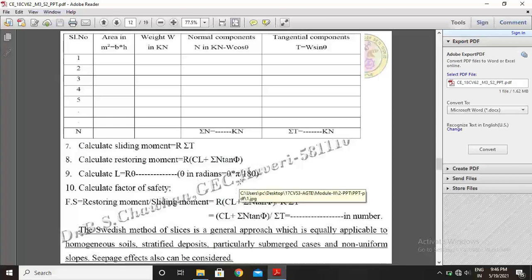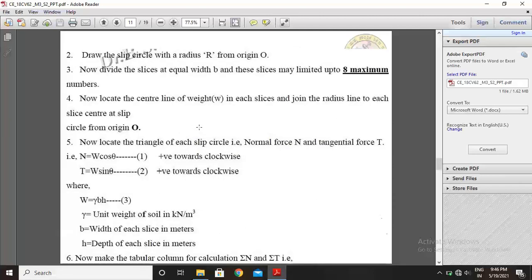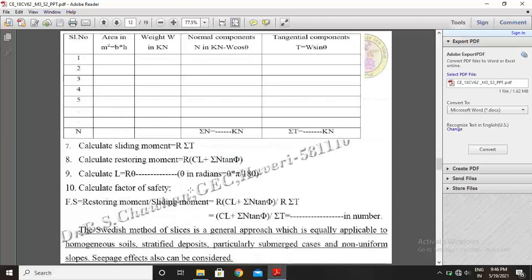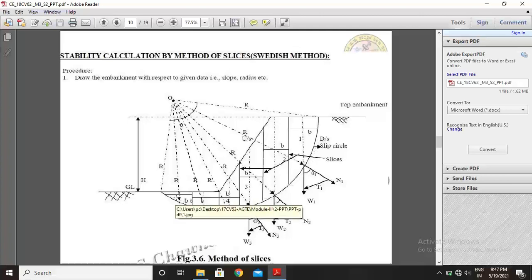This is the theta value. You convert this theta into radians by theta into pi by 180, multiply by R, and we get the length of the arc. This is the total slip circle L value.